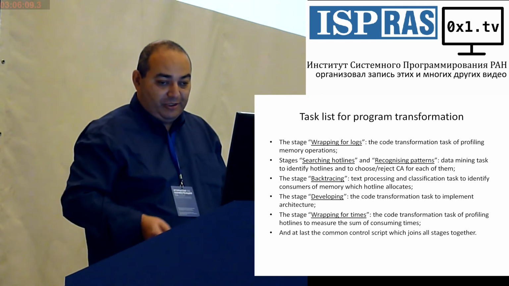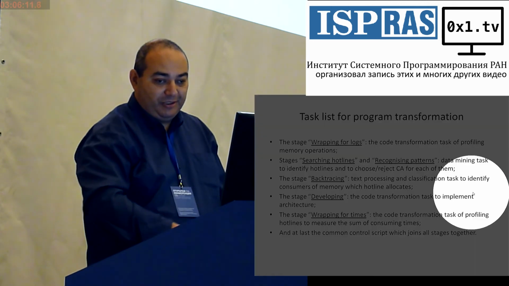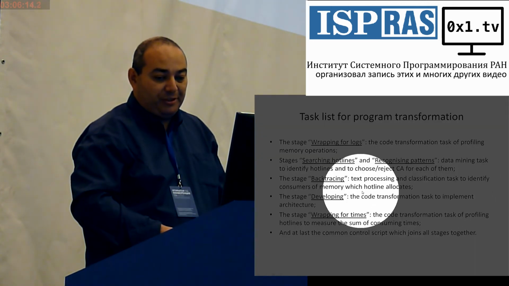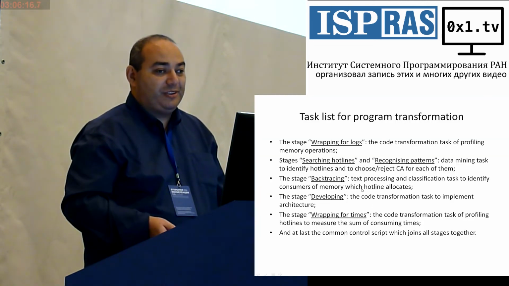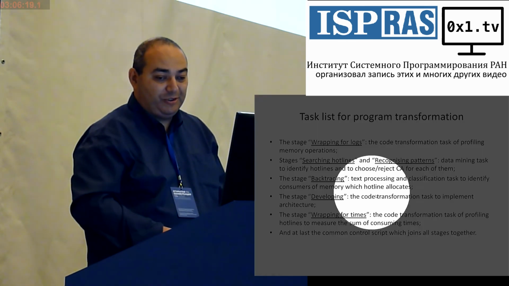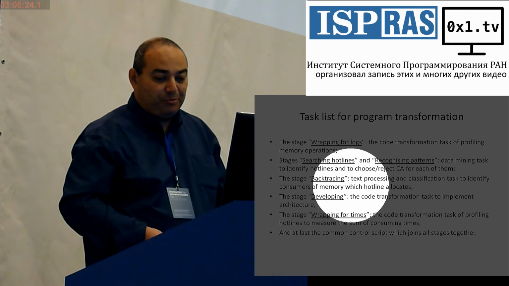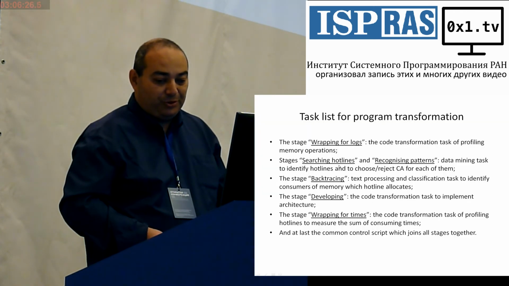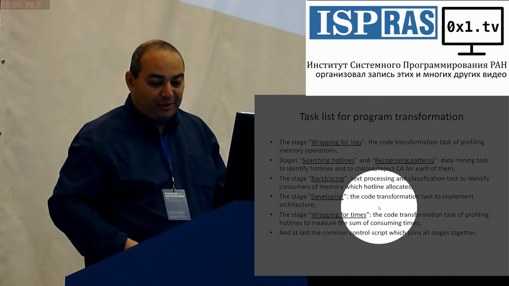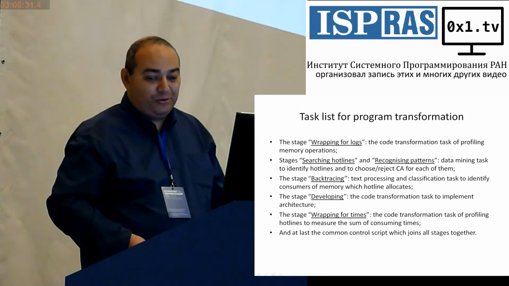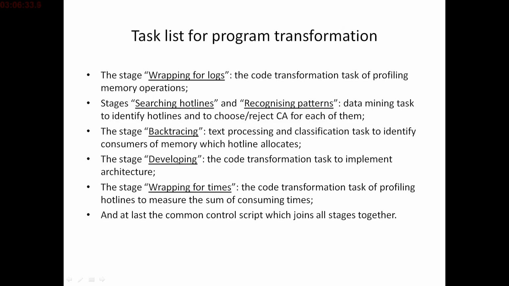And the most intellectual task is developing how to transform the code to implement the architecture. That's the most complicated transformation. Currently, it is done manually, but it requires an embedded language. And the total script is a conclusion which combines it all.